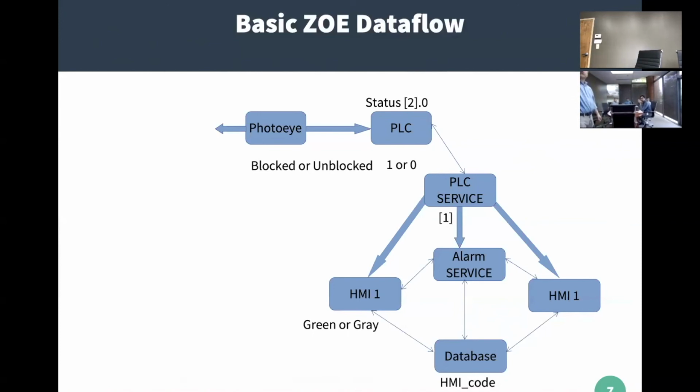Then it's broadcast up to the alarm service and the HMIs. The HMIs can then cross-reference that information to make sure what number relates to what bit. And then on the HMI, we can have a green or gray display for that photo eye.